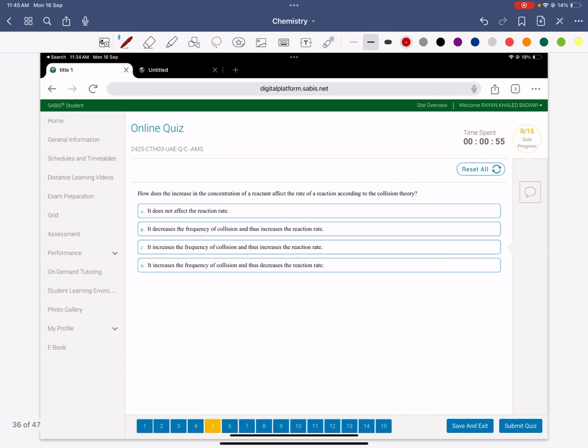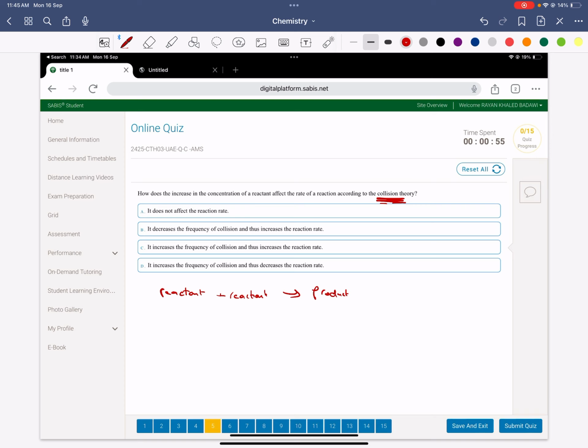Okay, let's go next. How does the increase in the concentration of reactant affect the rate of a chemical reaction according to the collision theory? Collision theory is basically when you have a reactant, two reactants, or it could also be only one. So we have a reactant with another reactant, and they are reacting with each other to form a certain product.